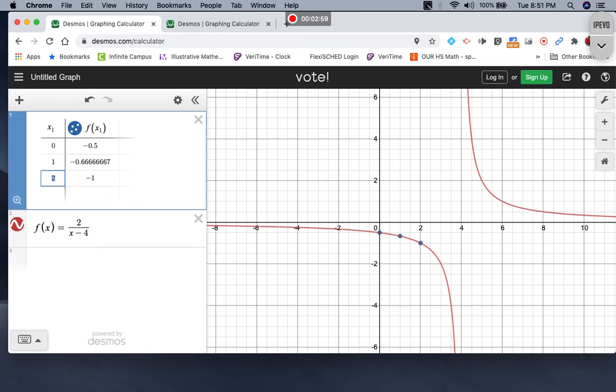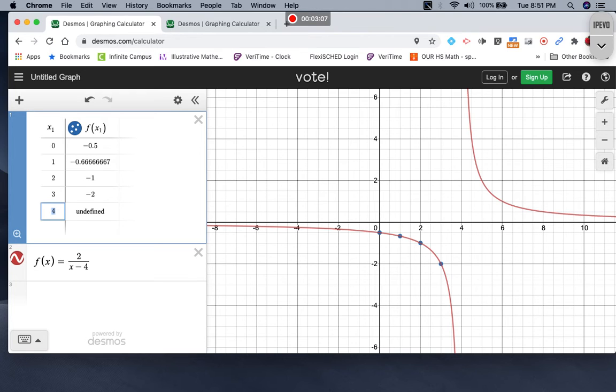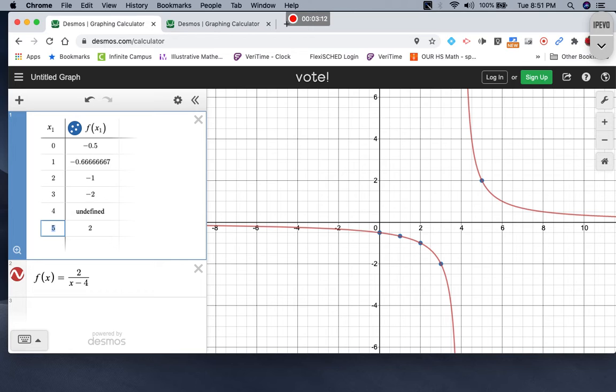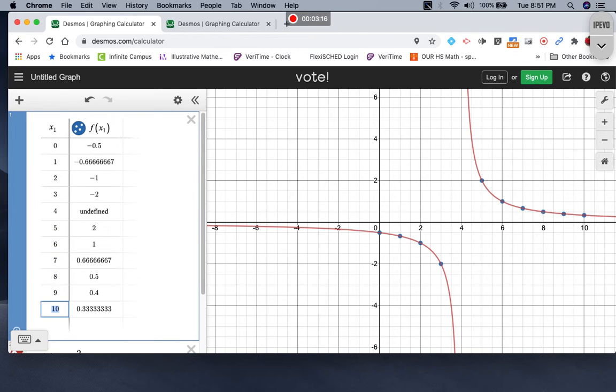We'll go 1, 2, 3. We're following along there. 4, something's wrong. 5, 6, 7, 8, 9, 10. So we're kind of coming along fine, and then something funky happens at 4.